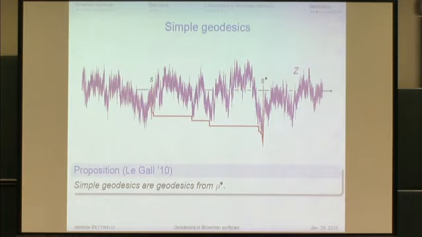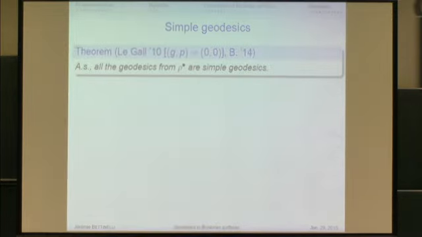So in the discrete picture, somehow you have a lot of options at every stage. But in the continuous, of course, all the squares tend to 0, and actually these disappear. So the theorem is that all the geodesics starting from this particular point are simple geodesics. They are all constructed in the way I just explained.